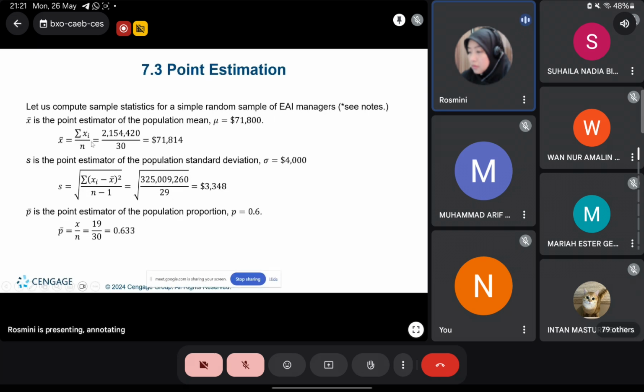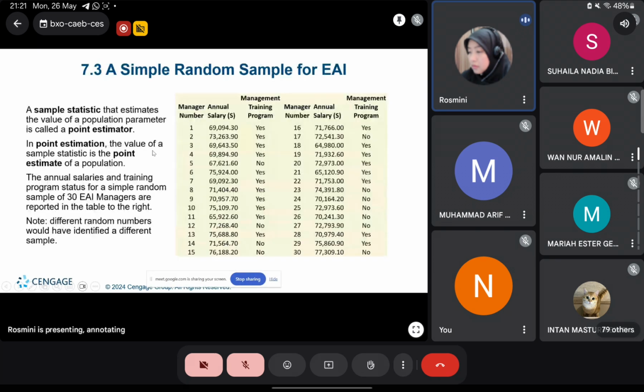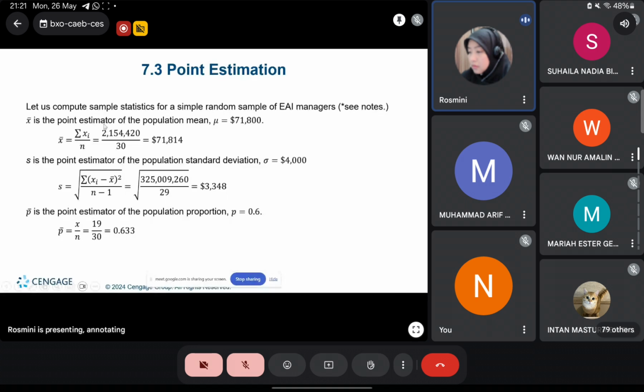I don't know whether this is correct, you can do your own calculation later. You add up 69,094, 70,000, and so on. All together, you will get the sum of Xi, 2,154,422. That is the total salary for all 30 managers.